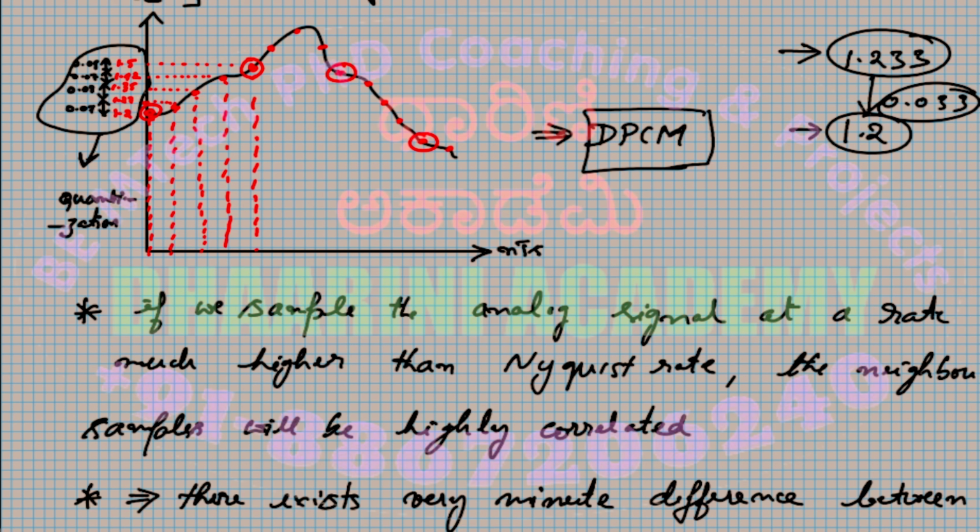If it is lesser, send a difference in the negative value. That's all, right? I want to come down from 1.2, means send minus 0.07. So that's the idea here.